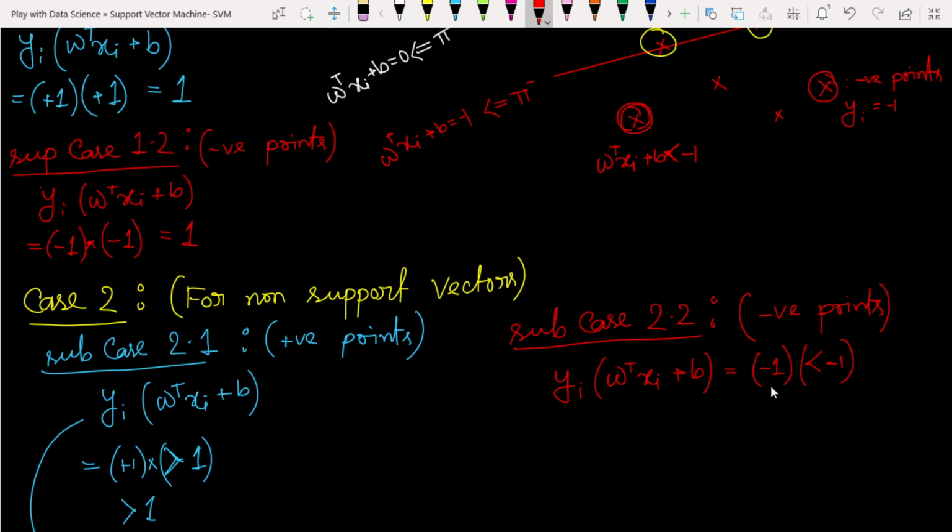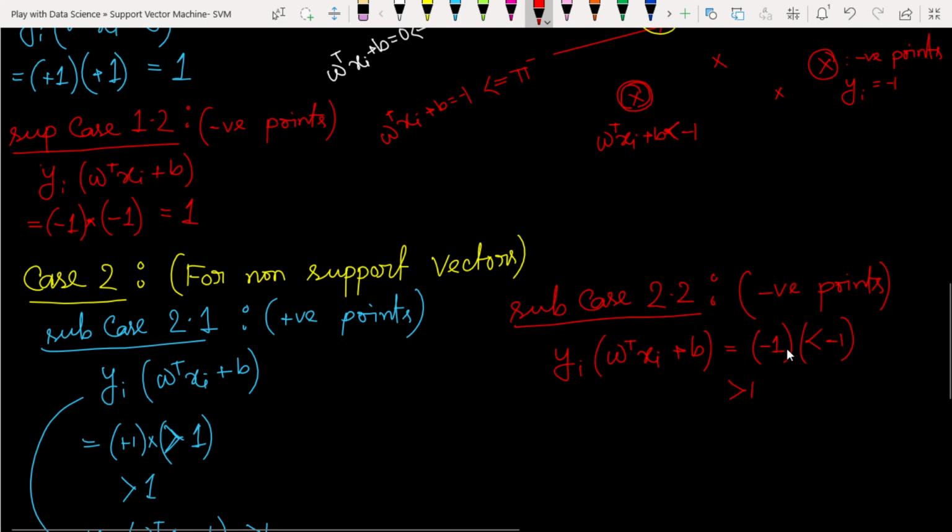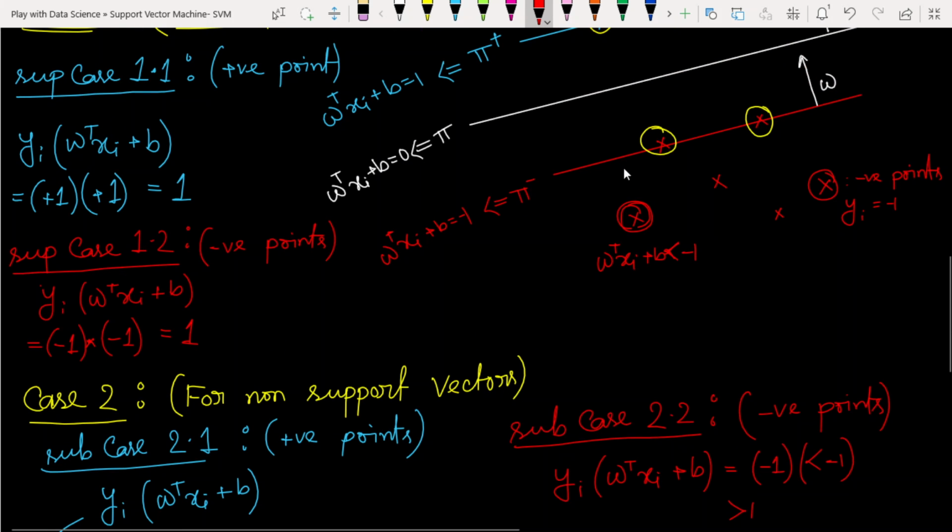So if you calculate this, this value will be greater than 1. I think you are all confused how it happened, so let's take an example. Then it will be clear to all of you. Suppose there is some distance, let's take this distance as 5. So from this point, what will be the value of?